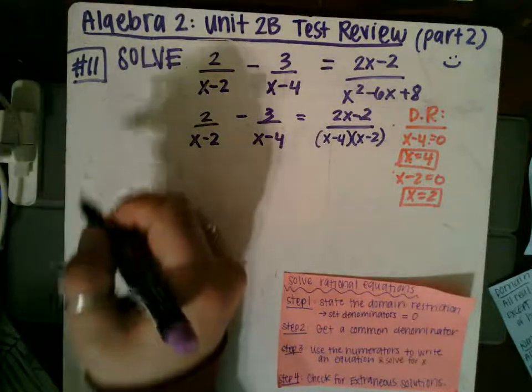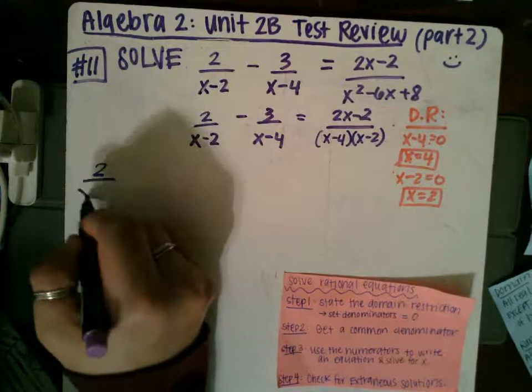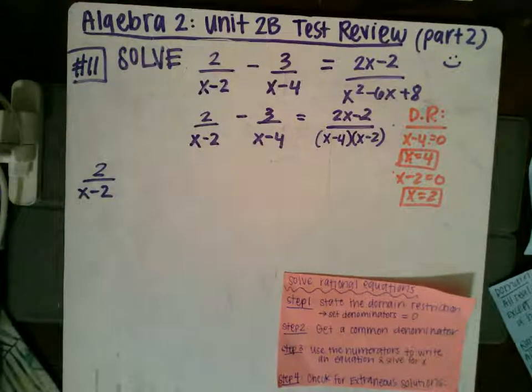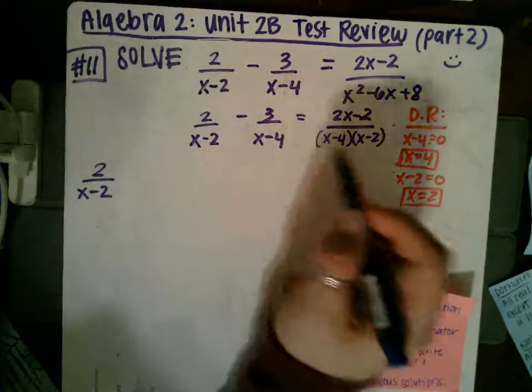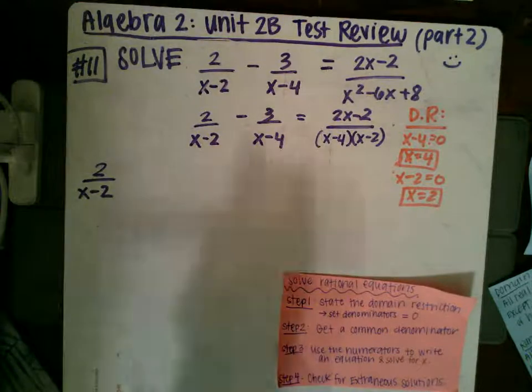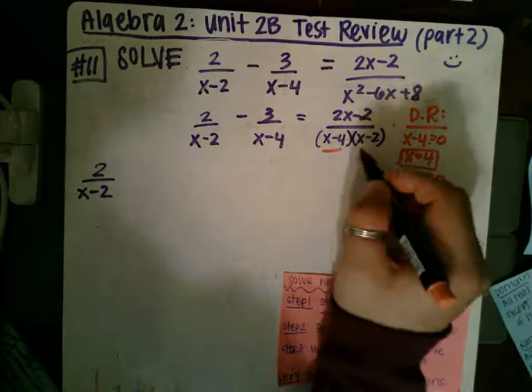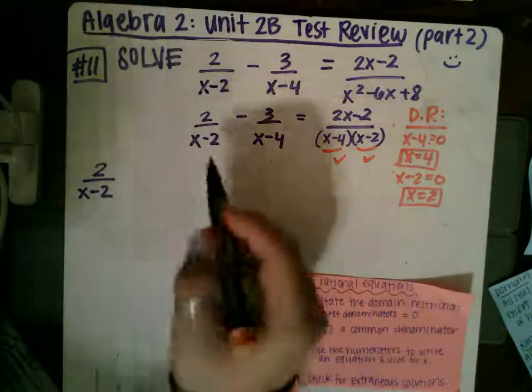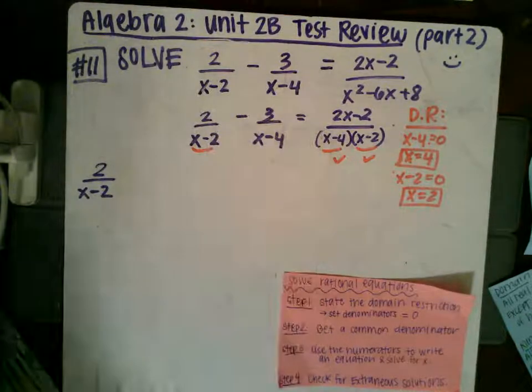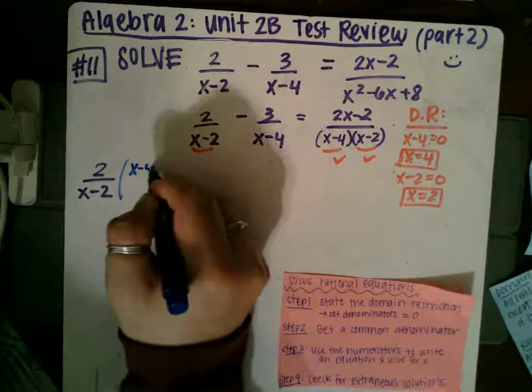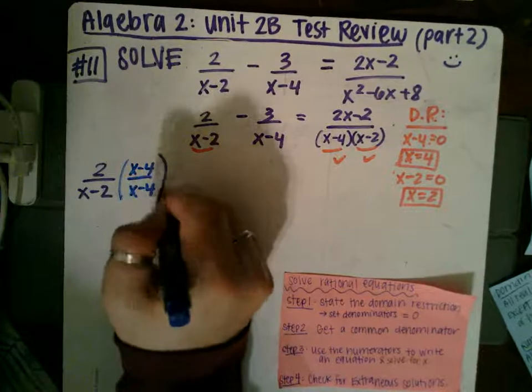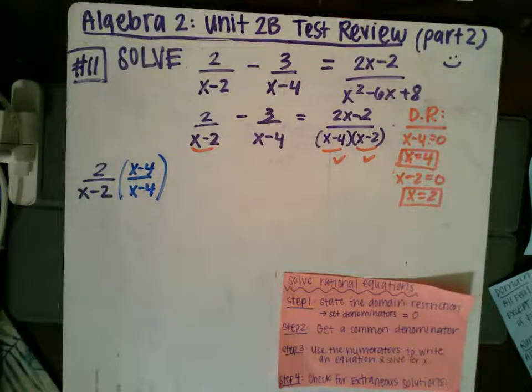Then step 2 says get a common denominator. So we're going to do that. 2 over x minus 2 needs a common denominator. We can look at this last expression here, we need x minus 4 and x minus 2. So since I have x minus 2, I need x minus 4. Multiply on top and bottom because anything divided by itself is technically 1.